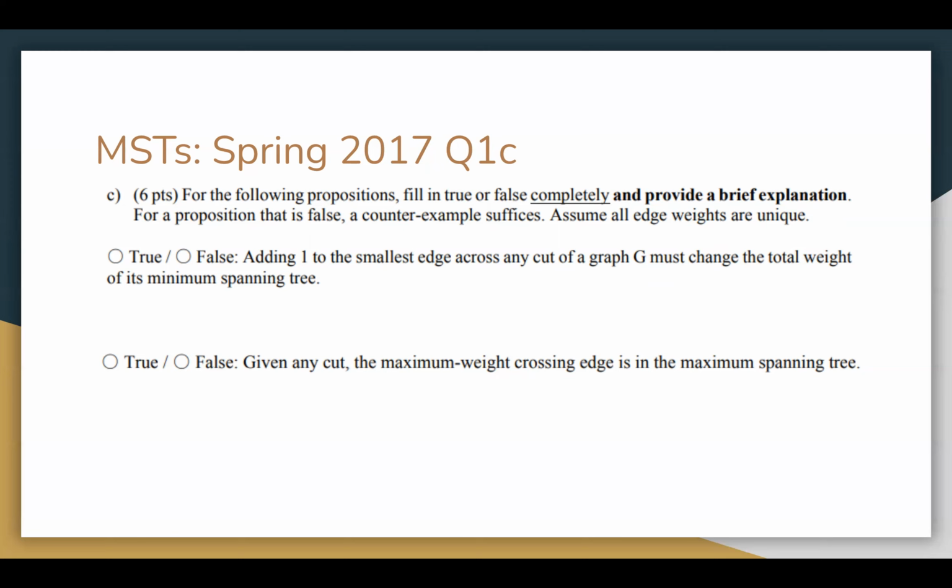And then for the next question, which is given any cut, the maximum weight crossing edge is in the maximum spanning tree. So a maximum spanning tree is basically a spanning tree with edges that maximizes the total cost. So it's essentially the same as minimum spanning tree, but we're just favoring edge weights with higher values. And so what we can do is we can run Prim's algorithm and we can take the largest edges across the cut instead of the smallest ones.